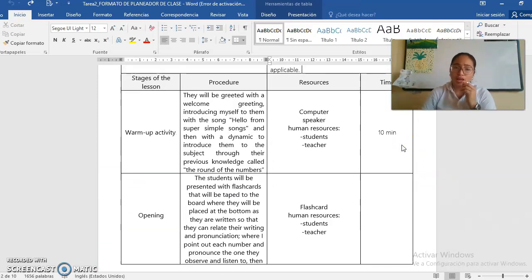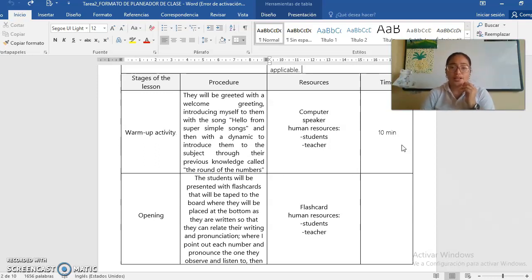Standards of the lesson. Procedure, resources, time. Warm-up activity: they will be greeted with a welcome greeting, introducing myself, with the song Hello from Super Simple Songs.